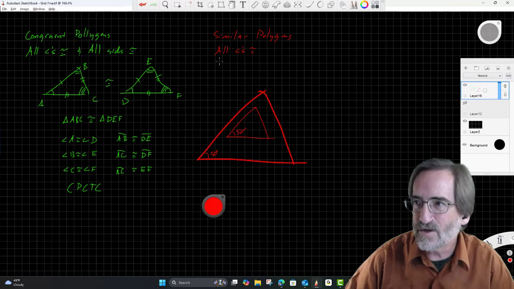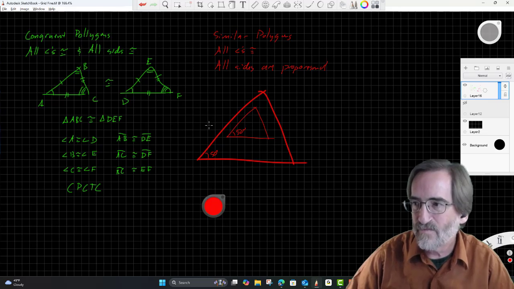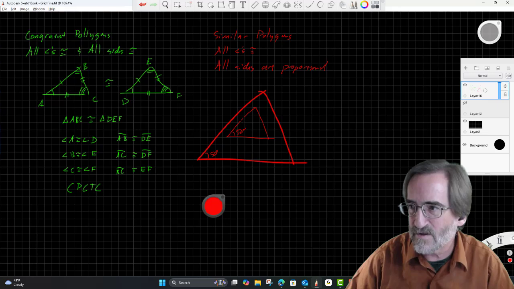But all angles are congruent and all sides are something we call proportional. Okay, that is, the ratio of the sides is the same. So if this side is 3, and this side is 6, and this side is 2, then this side is 4.